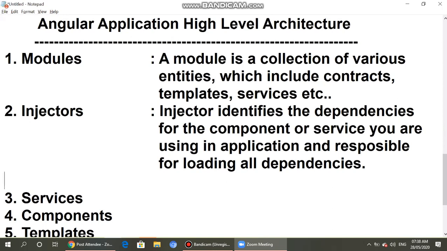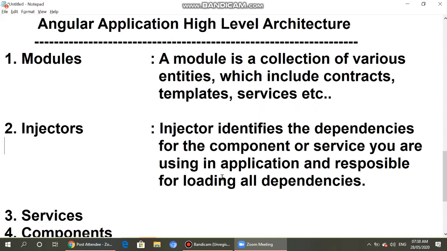I will show you a diagram also. Whatever services and components you are trying to use in the application, the injector will identify its dependencies. Dependencies means what classes it needs, what functions it needs, what contracts it needs.